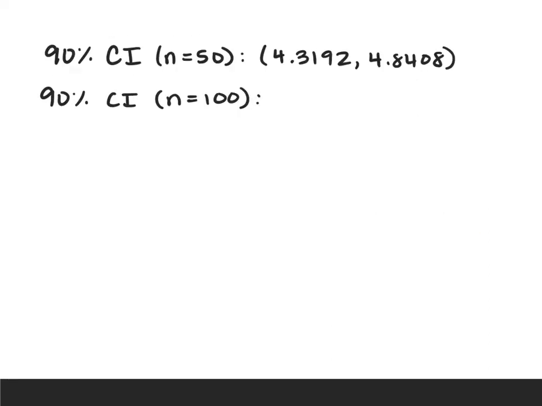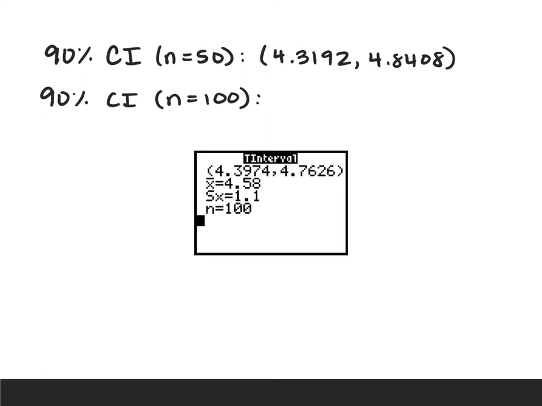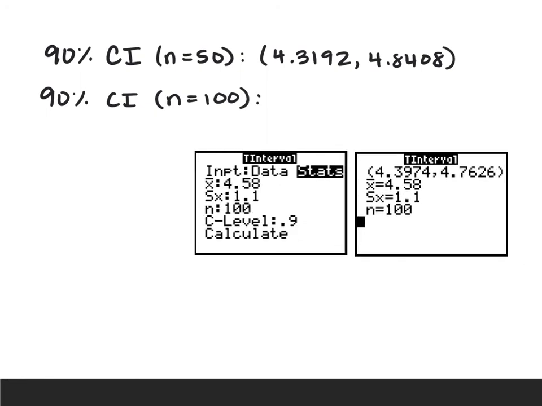Once again, here's our confidence interval that we found back in part B for a 90% confidence interval when we had our sample size of 50. If we do a confidence interval and the only thing we change is our sample size, and let me again bring these screenshots of the calculator up, then we notice the only thing that's different is my sample size.